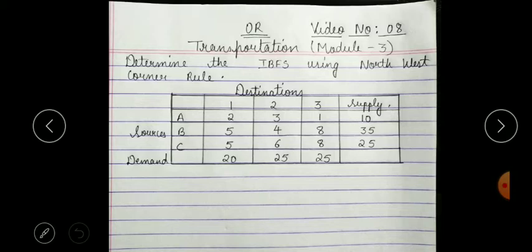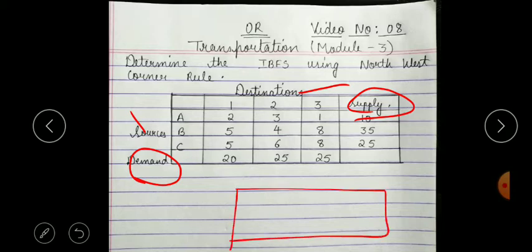At the top here you have destination, and on the left hand side you have sources. This is always demand and this is supply. So this is how any transportation matrix looks like. It is a box kind of a thing.